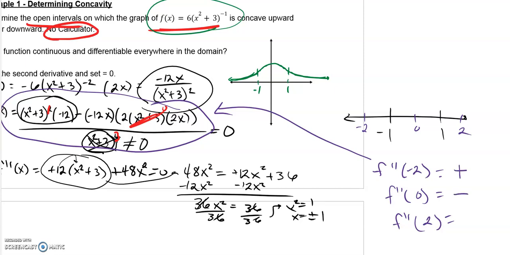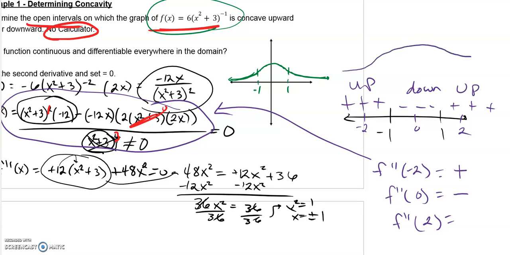When you plug in 0, you get a negative answer. So positive, negative, positive. So it's concave up, then it goes down, it goes back up. So it should look like up, down, back up, something like that. That's beautiful, right? You can see that's what our graph somewhat looks like.